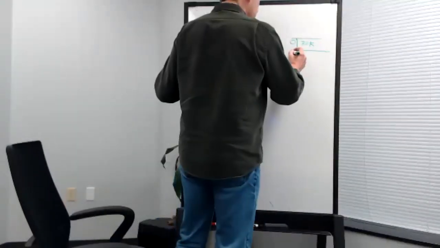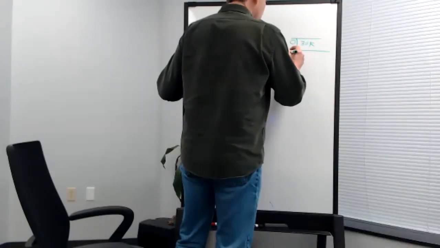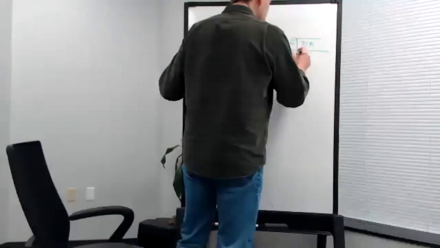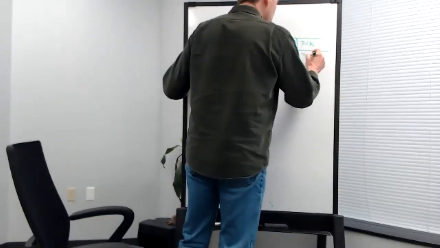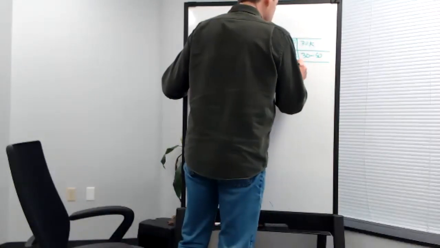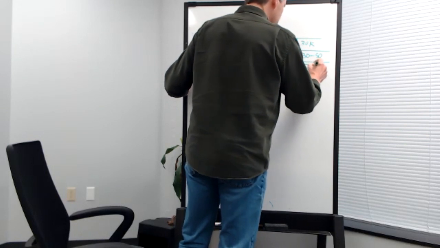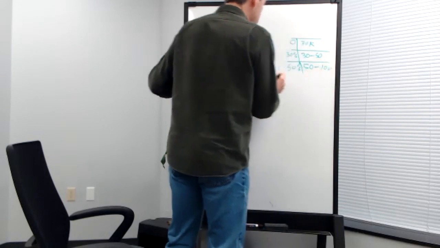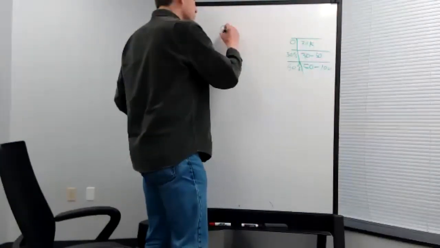And then you have a 30% tax rate for the range 30 to 50. And then you have a 50%, and that applies for 50 to 100. And someone's making, let's start out with somebody making 50,000.